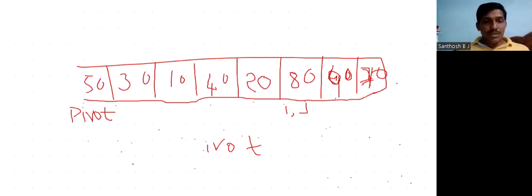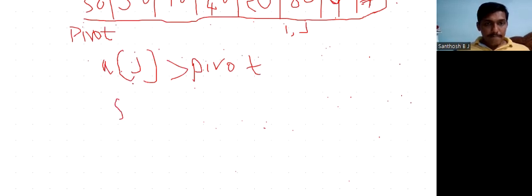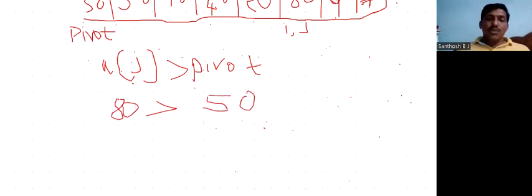The condition is A of J is greater than pivot. The value at J is 80. 80 is greater than the pivot value 50. Yes, the condition is true.